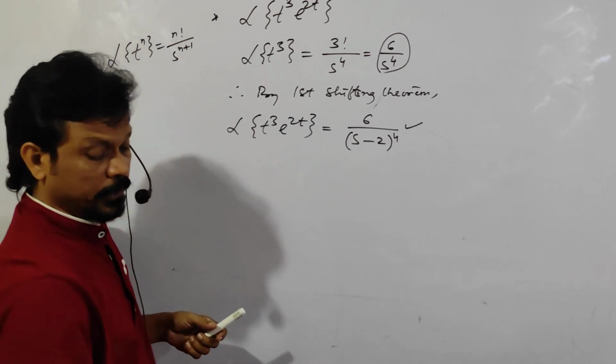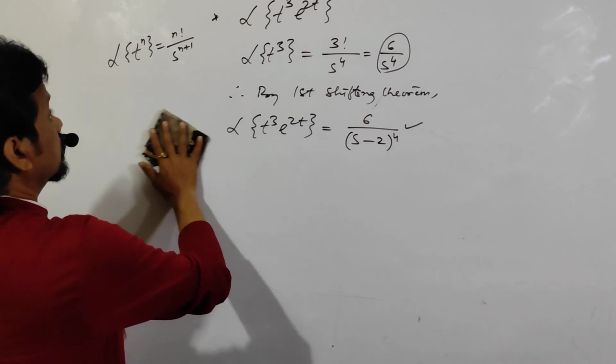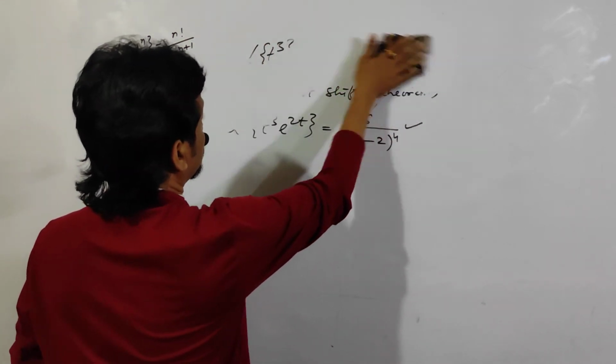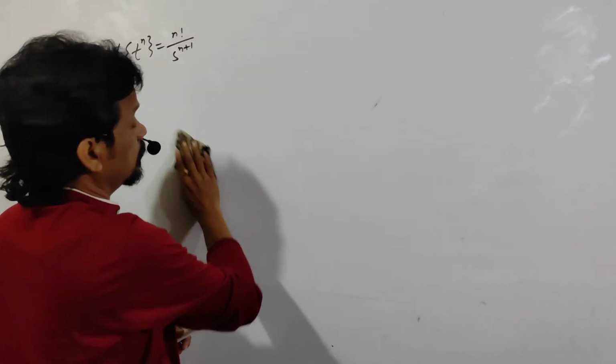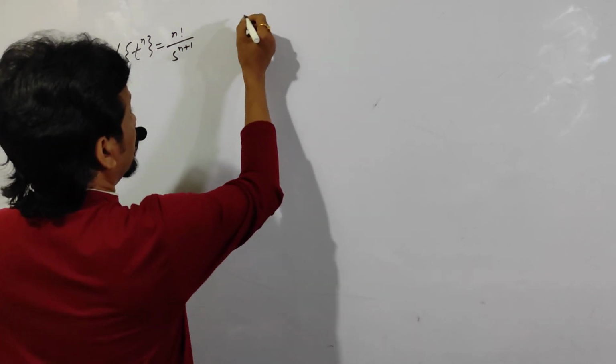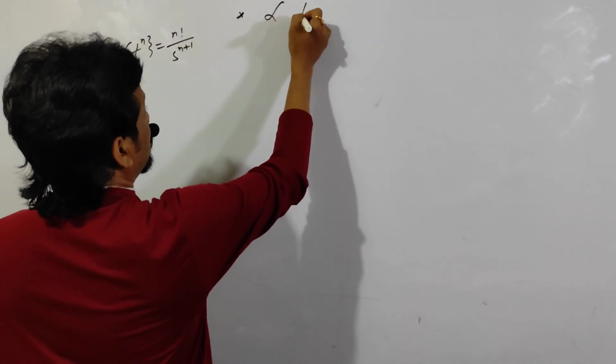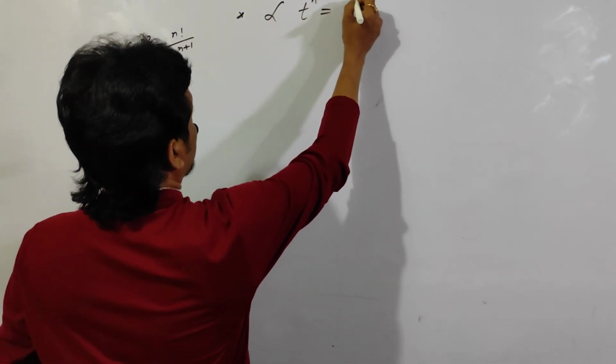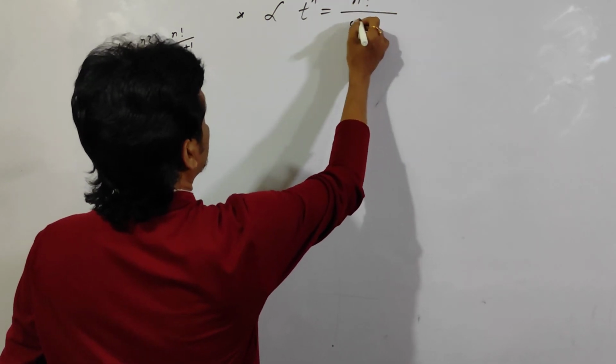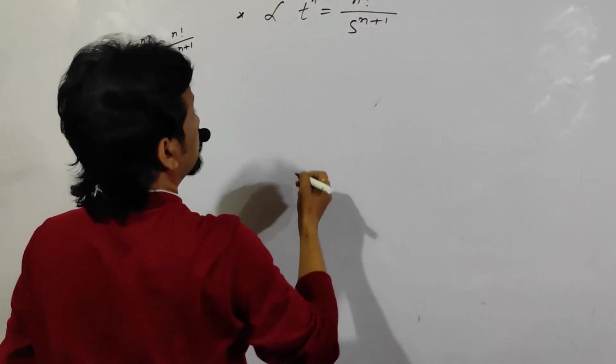Clear? So another formula I am deriving. I am going to derive one more formula. Laplace of t to the power n is factorial n divided by s to the power n plus 1.